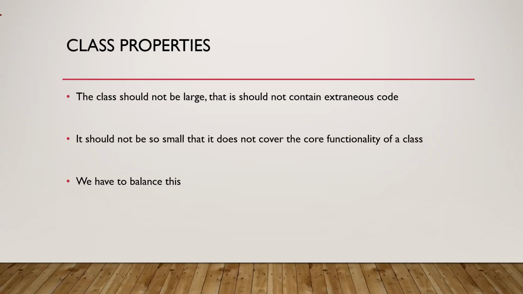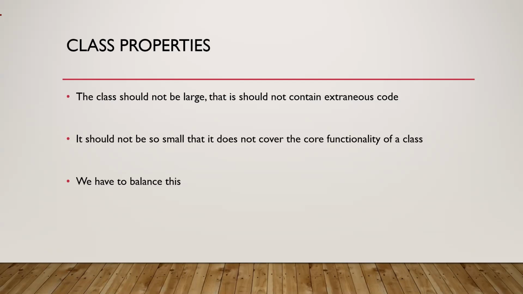When you are defining a class, that class should be a logical unit, a logical unit which performs coherent tasks. Coherent means that they are related to each other. If I am thinking of employee and department, or maybe student and teacher, and I create a single class for that, you can understand that will not be a very good thing to happen. So your class should not be large, and it should not have extra code.